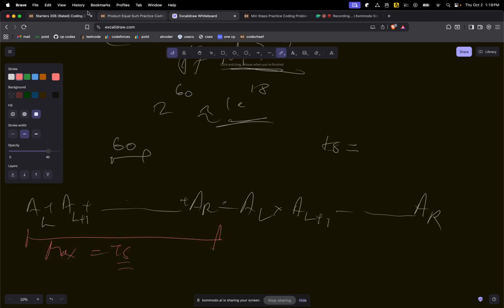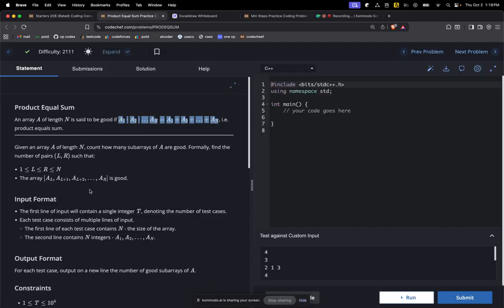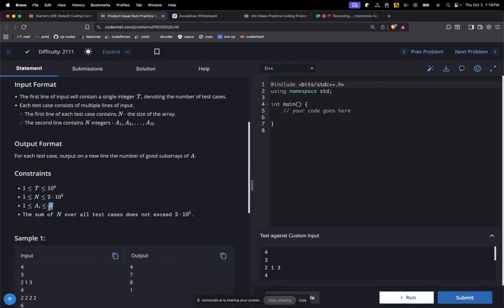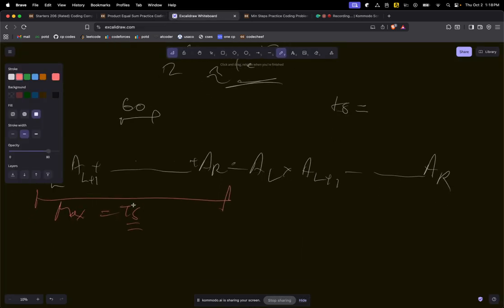What is the total sum of the array bounded by? It would be at max n into n, if all the values are n, so that would be n square, which is 4e10. But the product can go very, very large in small arrays only.